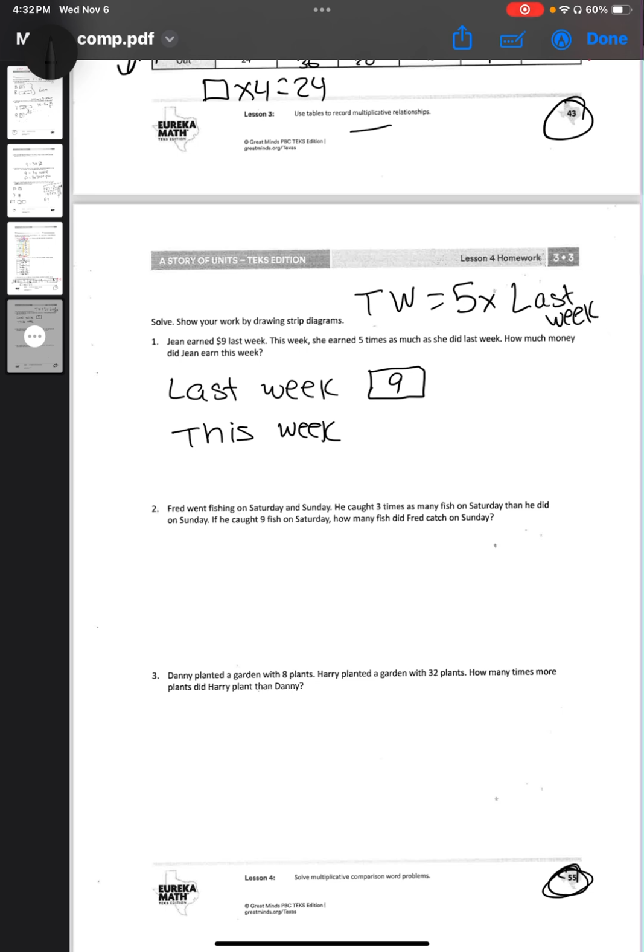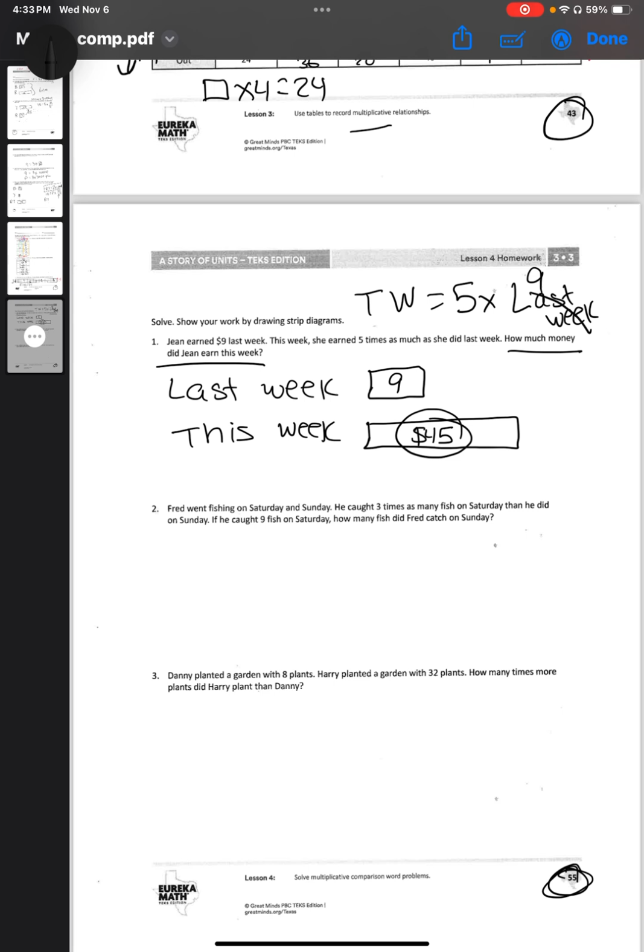Well, we know what she earned last week. She earned $9. So to find how much she earned this week, all we need to do is multiply $9 times 5, and that'll give us this week's earnings. Well, 9 times 5 is 45. Therefore, how much money did she earn this week? She earned $45.